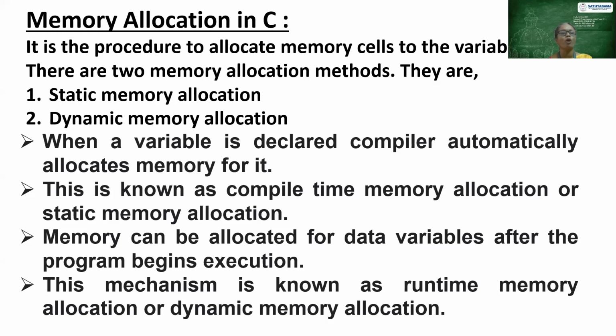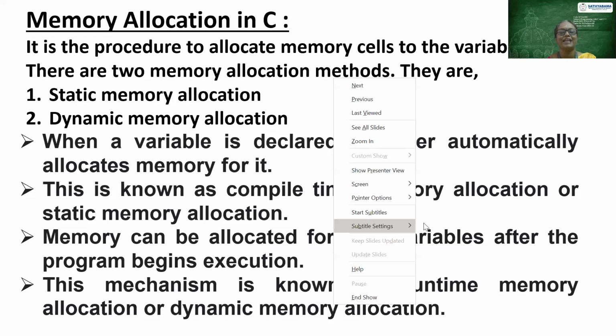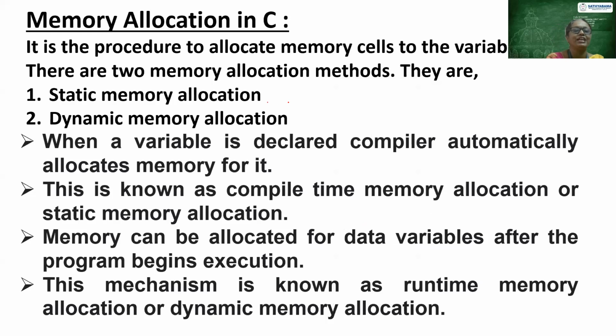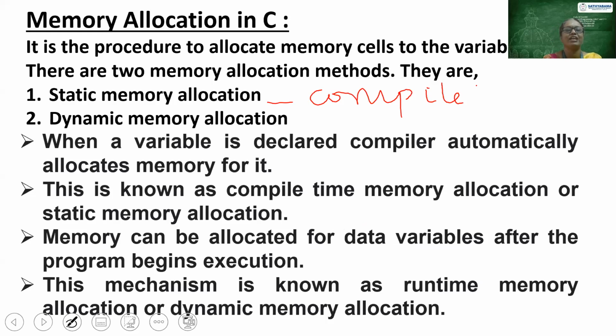Now we move on to dynamic memory allocation. Very simply, dynamic memory is a variable memory allocation. It is not fixed, and it will keep on changing. That mechanism is runtime memory allocation. So one very important point: static memory comes under compile time memory allocation, and dynamic memory comes under runtime memory allocation.